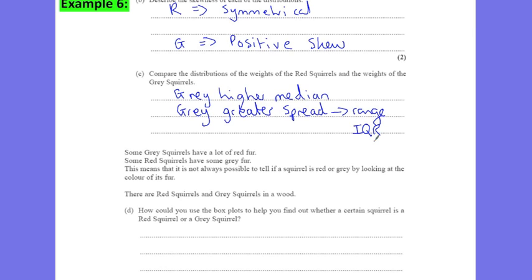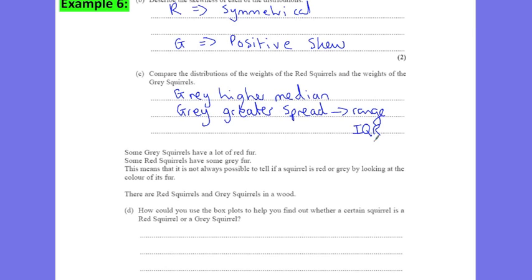We're then told that some grey squirrels have a lot of red fur and some red squirrels have some grey fur. This means that it's not always possible to tell if a squirrel is red or grey by looking at the colour of its fur. There are red squirrels and grey squirrels in a wood. How would you use the box plots to help you find whether a certain squirrel is red or grey? So if we find a squirrel, we're looking at the fur.